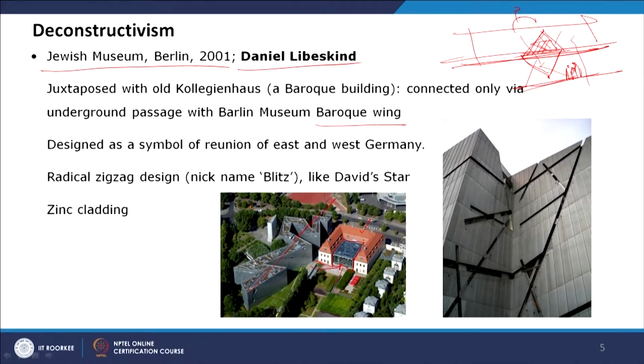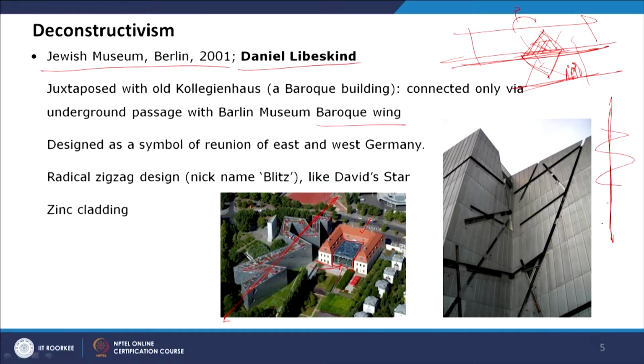You can see there's a void passing through this building, which is its central axis, and the void also symbolizes the wall between East and West Germany. This structure creates a link, like a jigsaw puzzle, around this wall, which reunites East and West Germany.